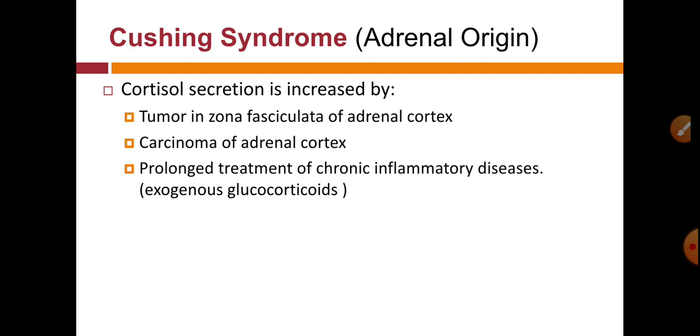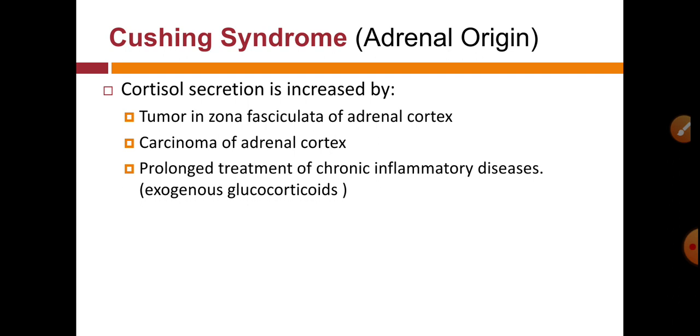The third cause is prolonged treatment of chronic inflammatory disease, that means exogenous glucocorticoids. If any patient is taking exogenous cortisol, that means from outside of the body, for chronic inflammatory diseases, why does the patient take these glucocorticoids? Because cortisol has one important action, that is anti-inflammatory action.